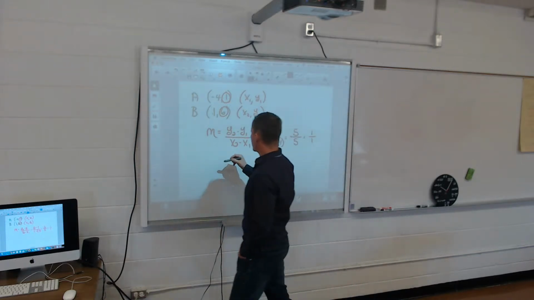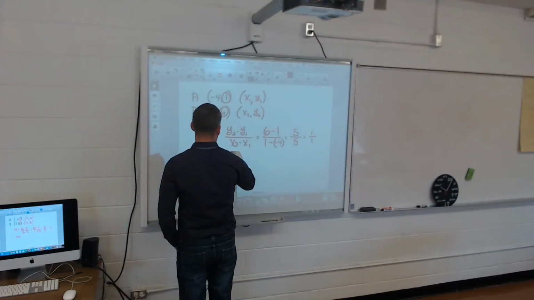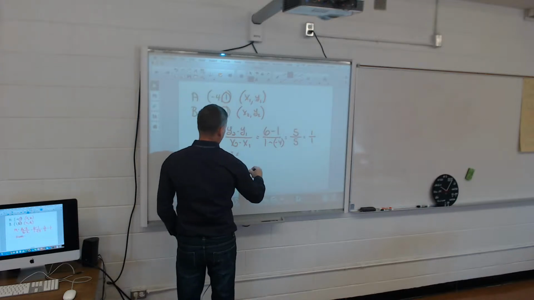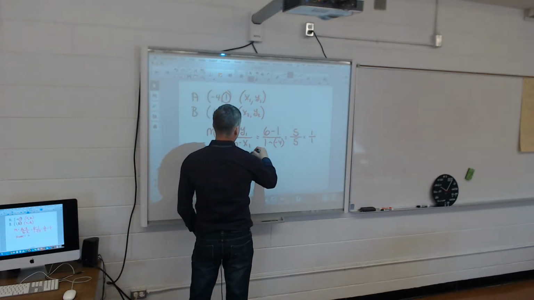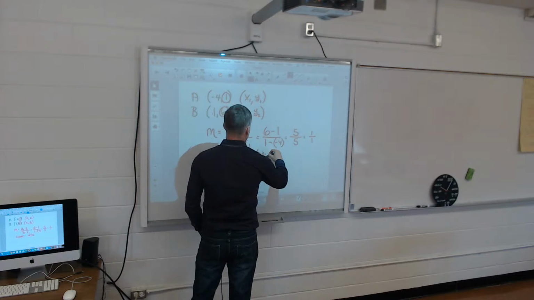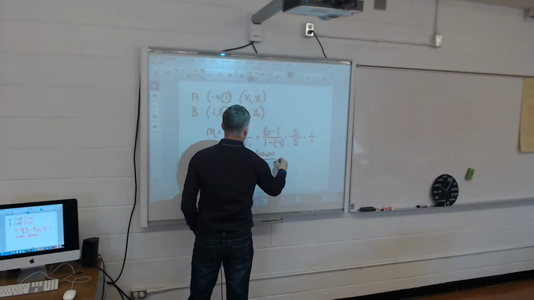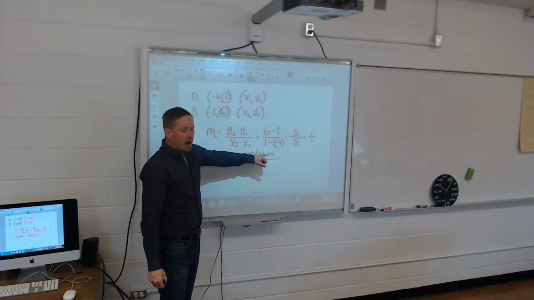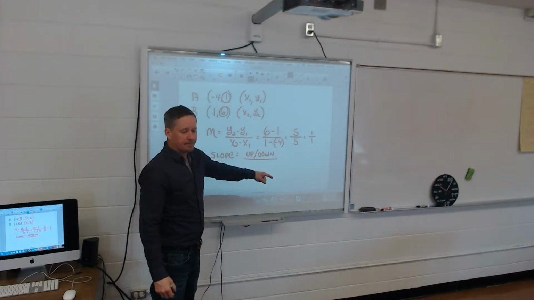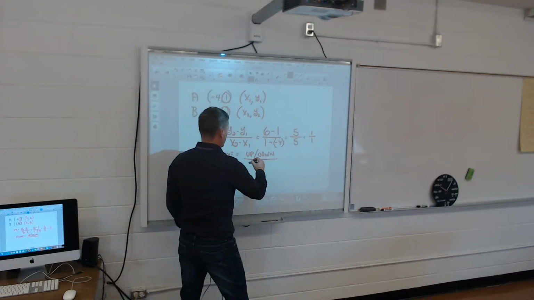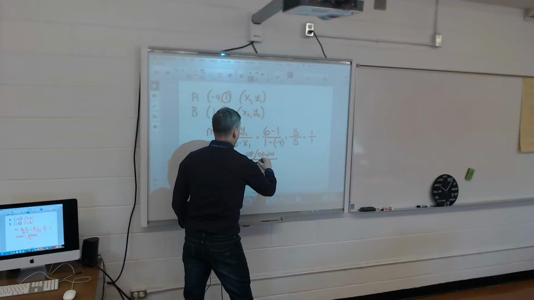So when it comes to slope, the top value of the fraction is the up-down value of the fraction. On the bottom, it's the right-left.